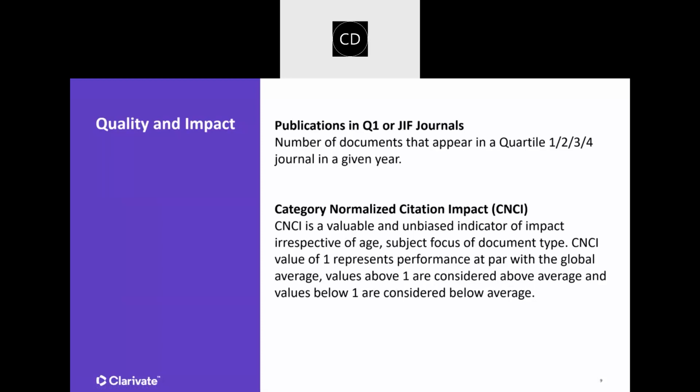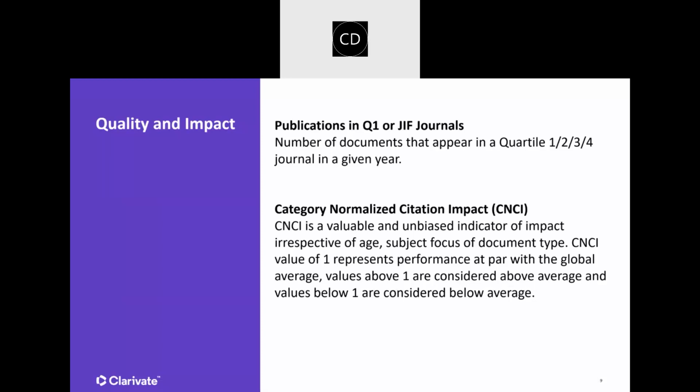So what is CNCI? It is an indicator for citation performance that has been normalized by publication date, subject area, and document type.